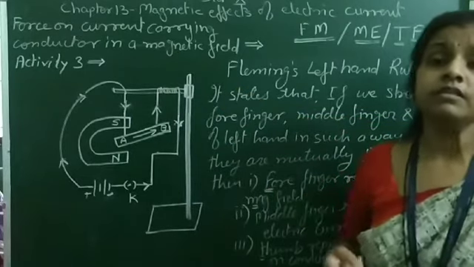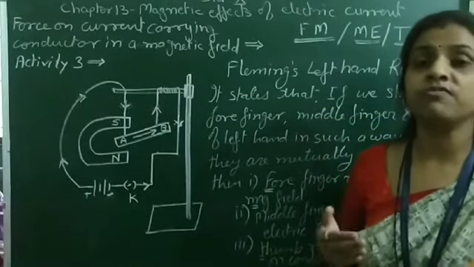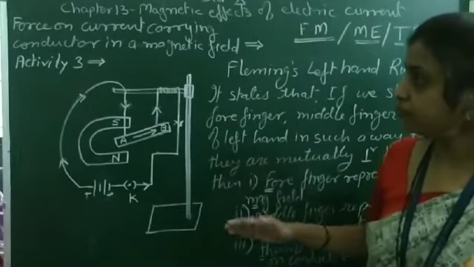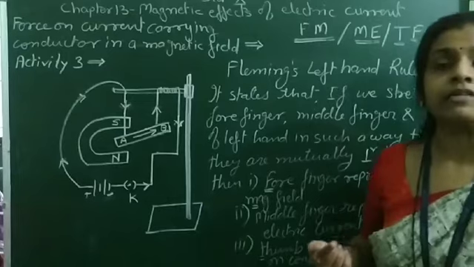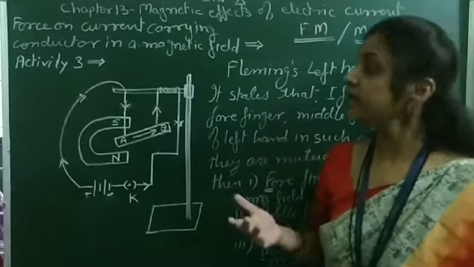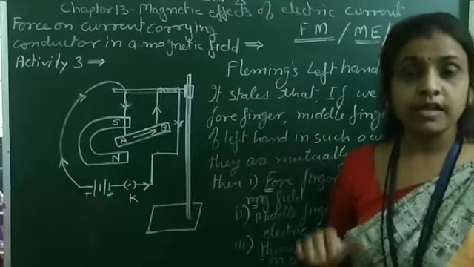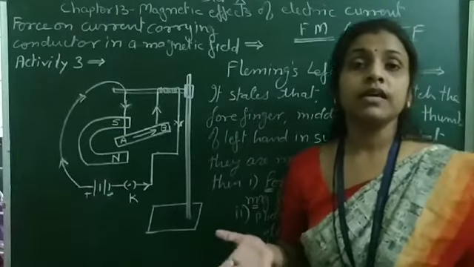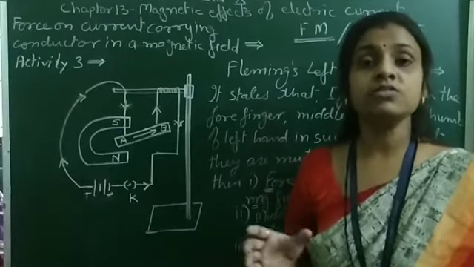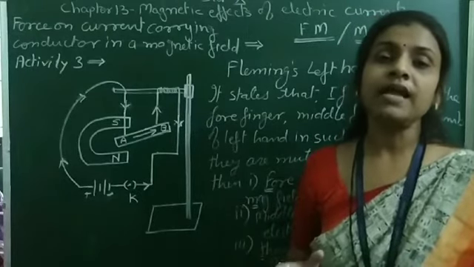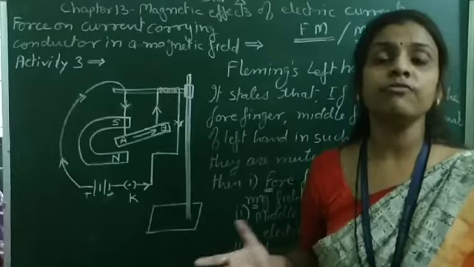So we have seen the three main activities which are very important from the exam point of view. The first activity we have seen is the magnetic field through a straight current carrying conductor, and its conclusion is that the strength of magnetic field depends upon the magnitude of electric current and the perpendicular distance of the point from the conductor.